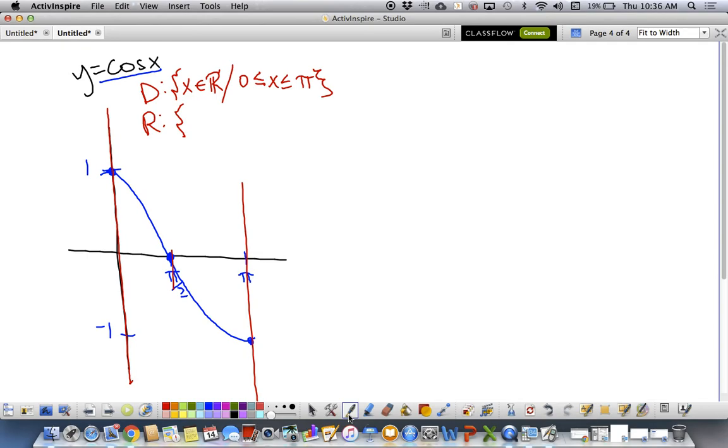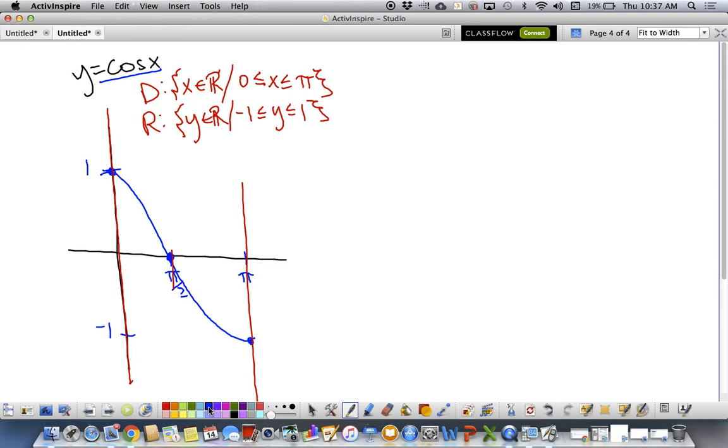All right, what is the range? The range is y, the set of all real numbers such that negative 1 to 1. Good job. I'm going to go ahead and put my coordinates, which I haven't really done.